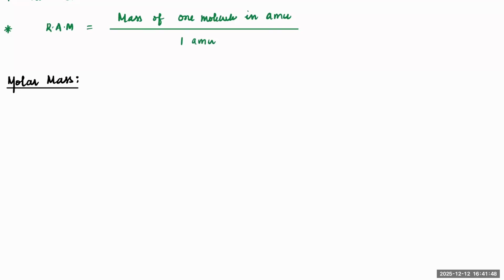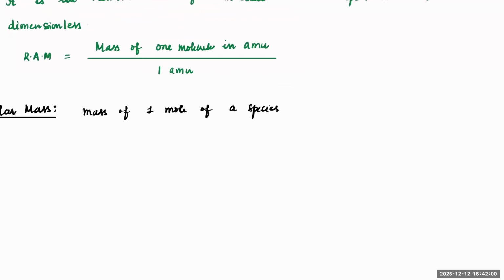So that is mass of 1 mole of a species. Correct? And now this species could be an atom, it could be a molecule, it could be an ion.